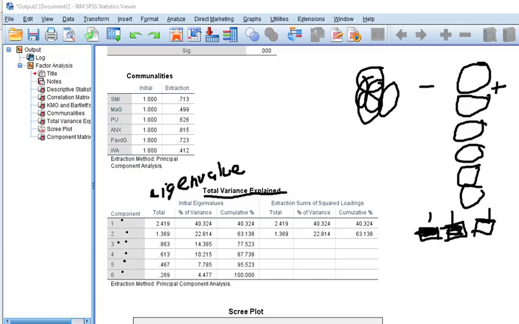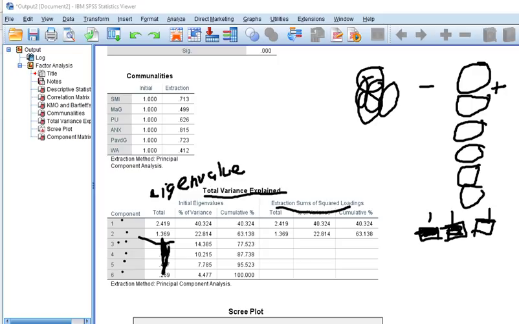Any component explaining less variation than a single measured variable, we want to shave off and treat as essentially unimportant. So you can see over here that this is the retention based on the eigenvalue cutoff rule.